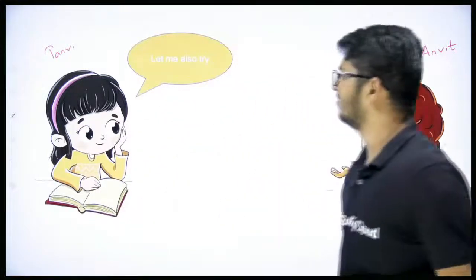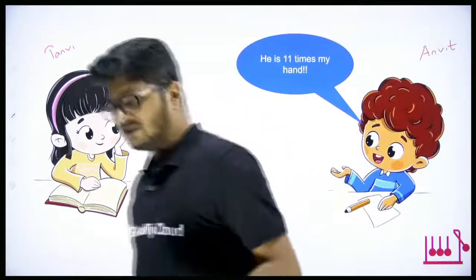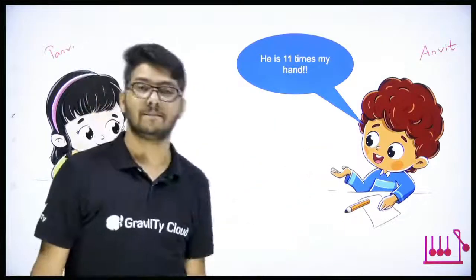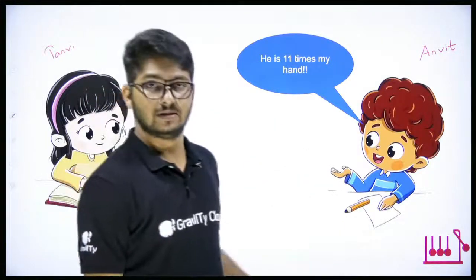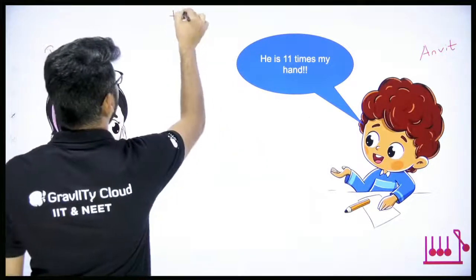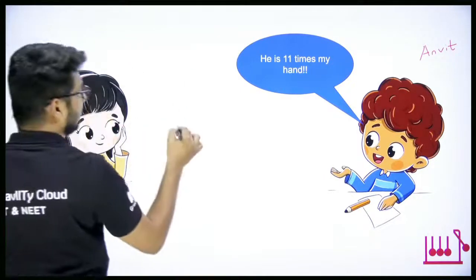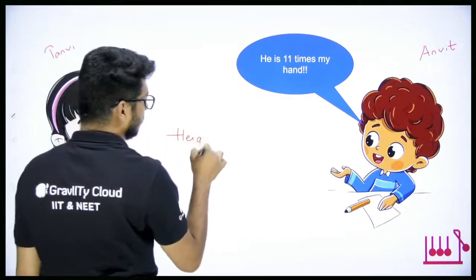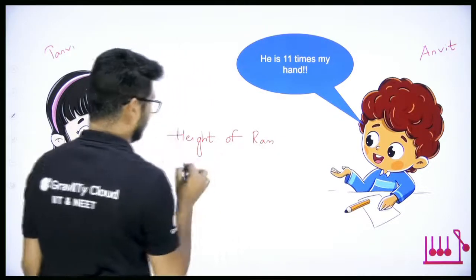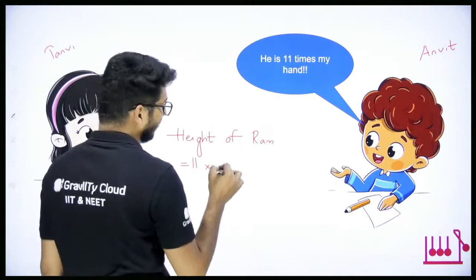Let's see what Tanvi says. Tanvi says, okay, let me also try. She also tries. Anvit gets the height as 11 times his hand. According to Anvit, what is the height of Ram? Height of Ram is equal to 11 into Anvit's hand.